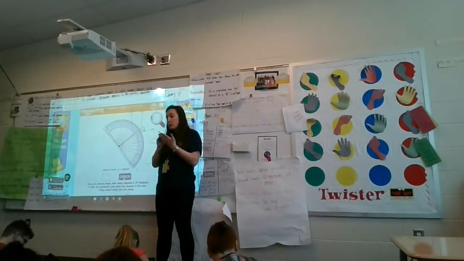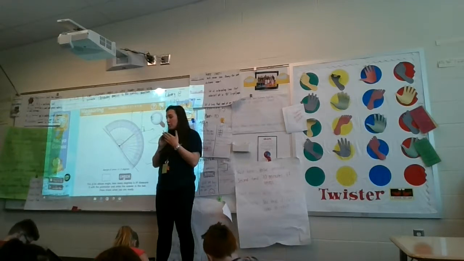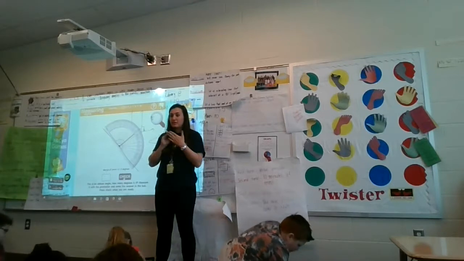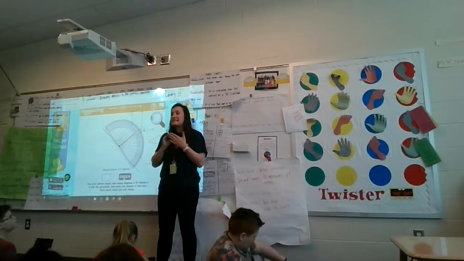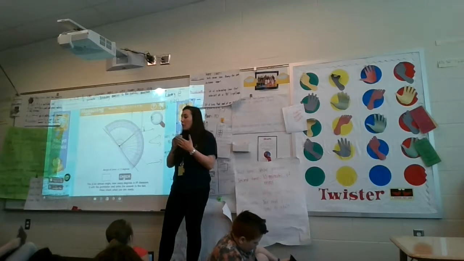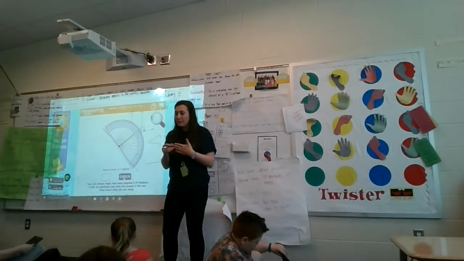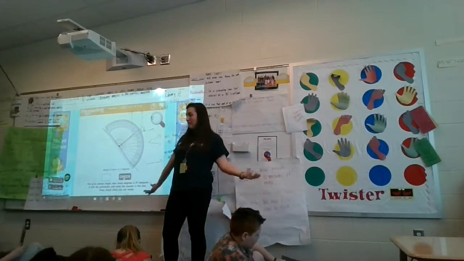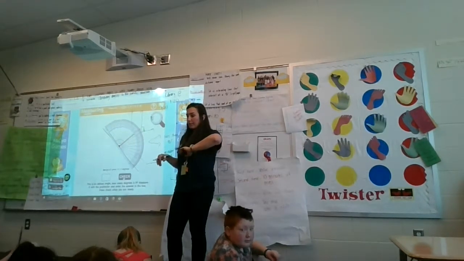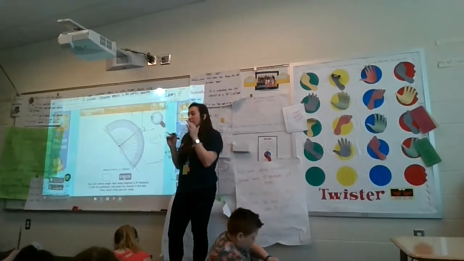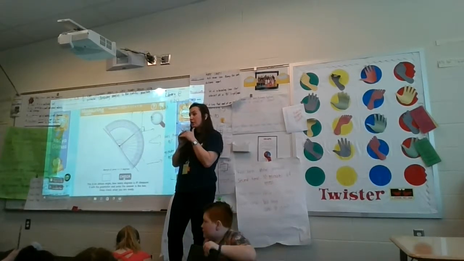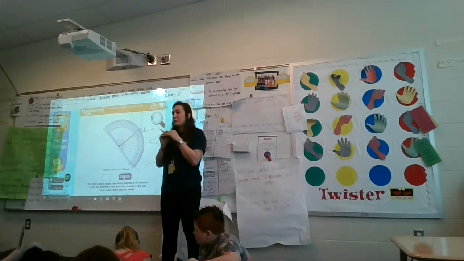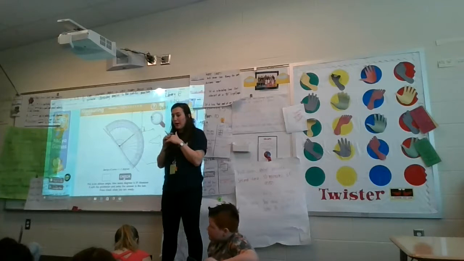So I want you and your partner right now to be figuring out the remainder of these questions. When you get back to your packets, this is individual work. So what should our noise level sound like? A 1. That means we're at a whisper when we're here on the carpet, okay? Once you have finished with your partner, you may go back to your seat and complete pages 2 and 3 on your own, okay?